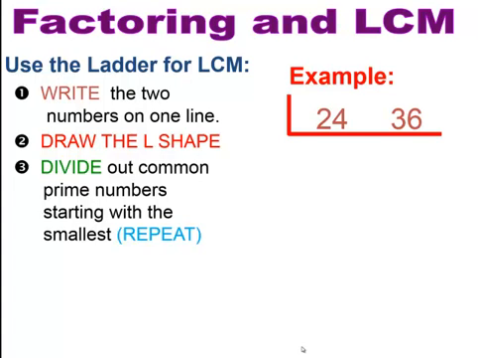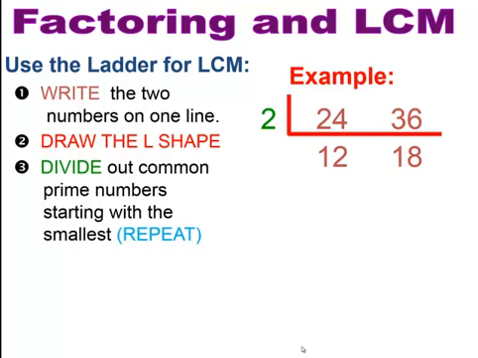So I write 2 on the outside of the box and divide it into 24 and 36. Whatever is left, I write underneath. 2 goes into 24 12 times, and 2 goes into 36 18 times.